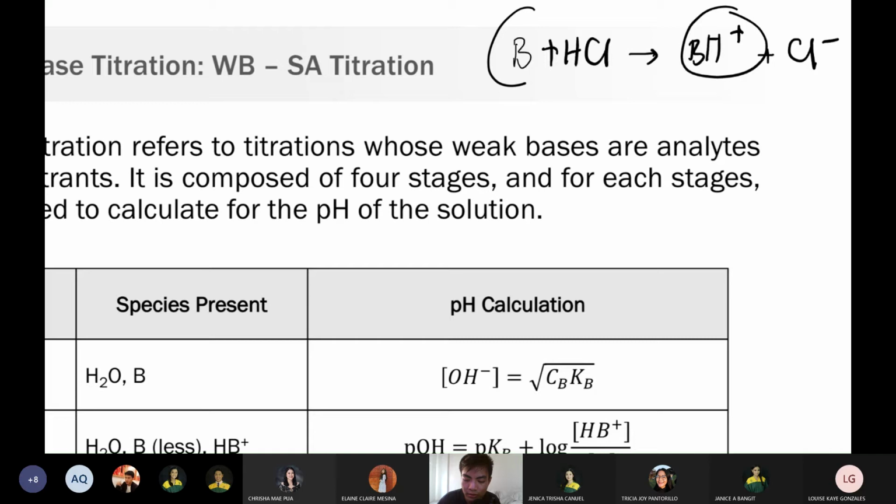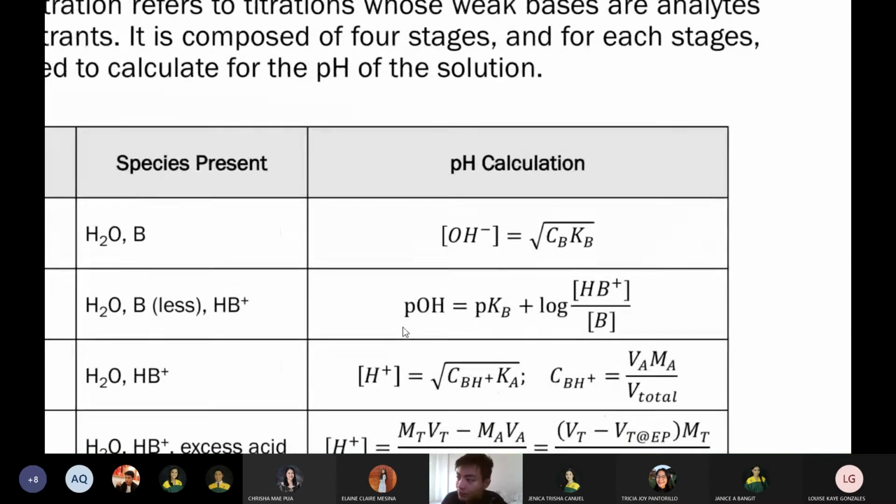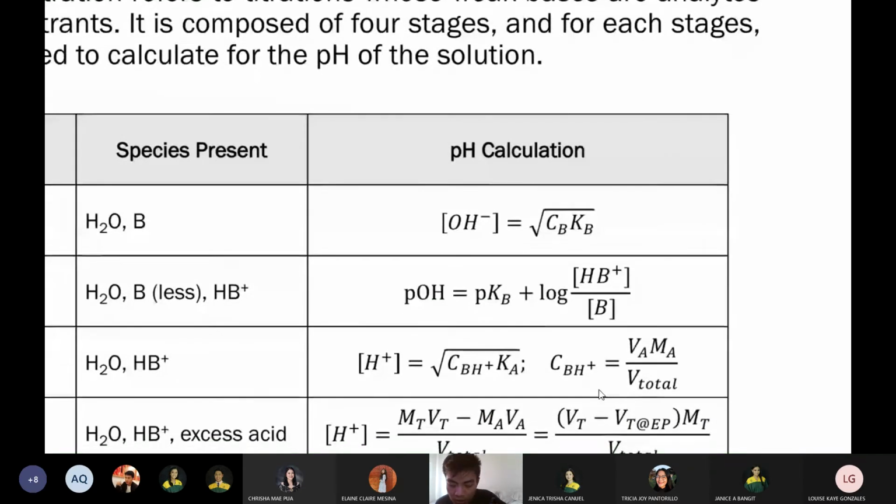You have a mixture of base and a conjugate acid. Therefore, you have a buffer system where we can use the Henderson-Hasselbalch equation. For bases, the Henderson-Hasselbalch equation is pOH equals pKb plus log of conjugate acid over the base.